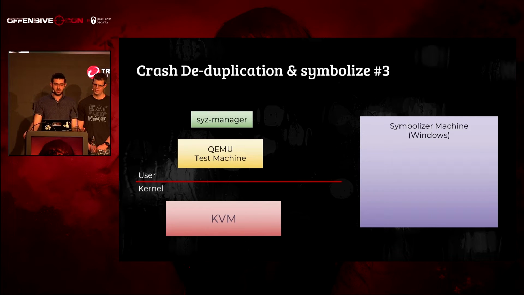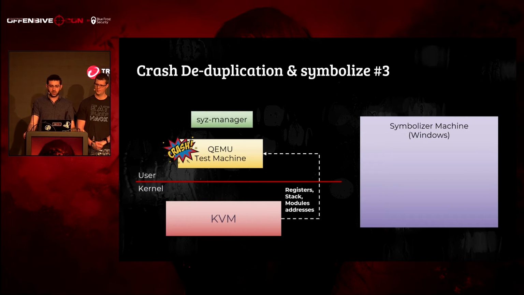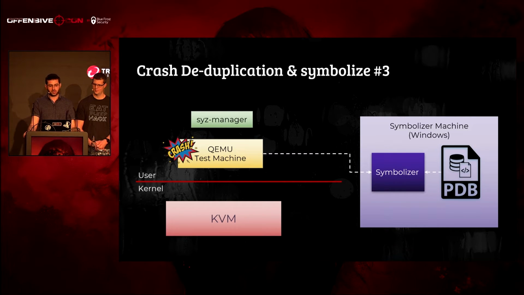The final symbolizer architecture is really awkward, but it works as follows. On the Windows machine, we run a server process that exposes a StackWalk-like API. When the test machine crashes, QEMU reads the stack, the module addresses, and the registers using KVM and sends them to the symbolizer.